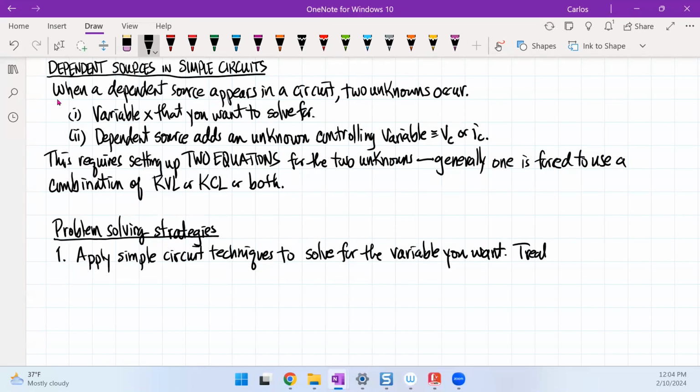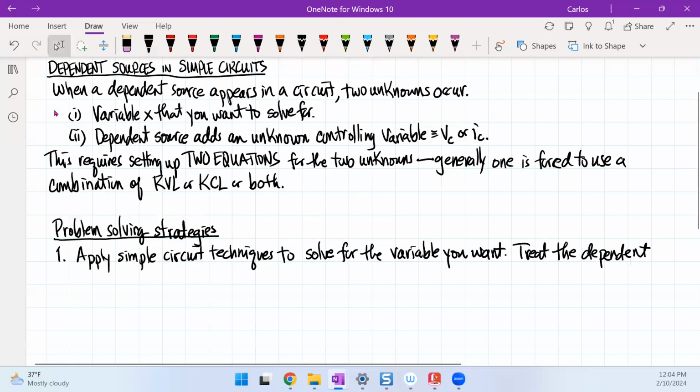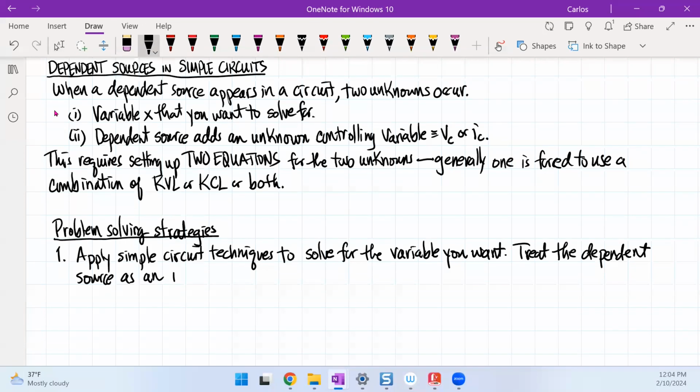Treat the dependent source as an independent source. In other words, like any other source.